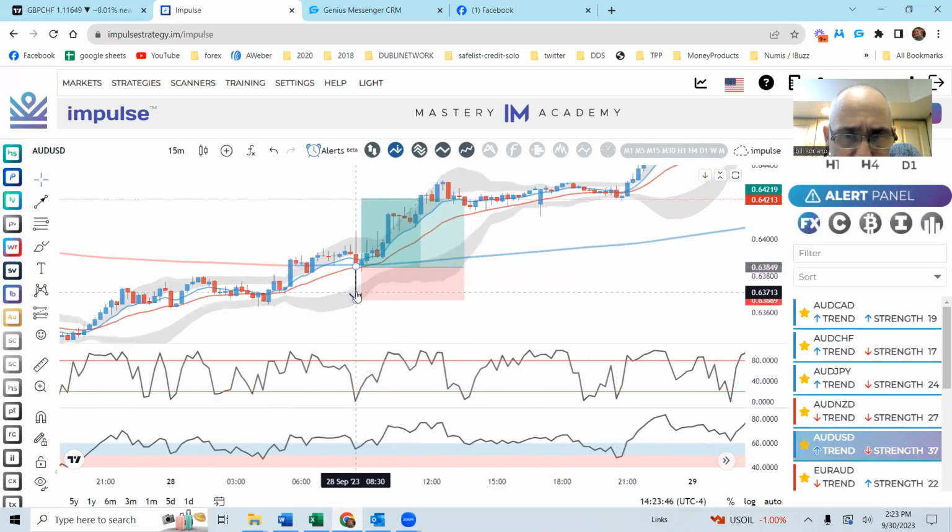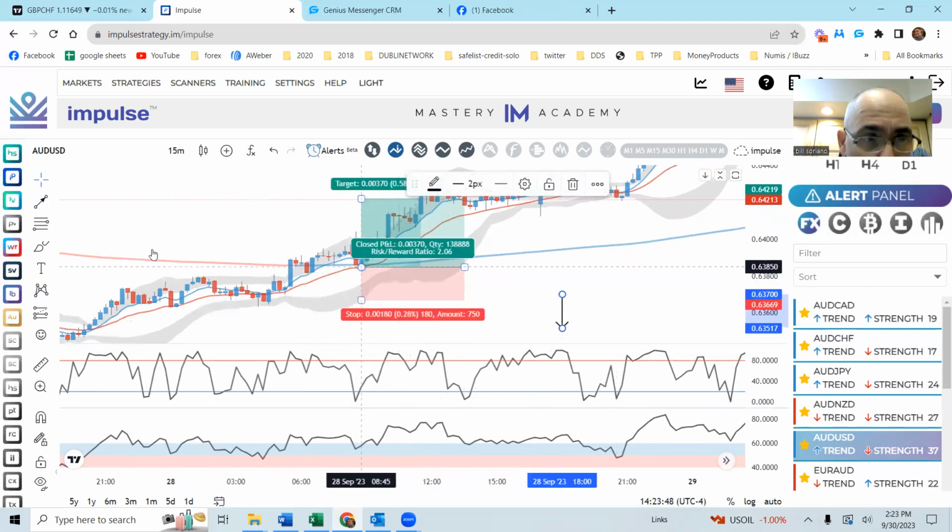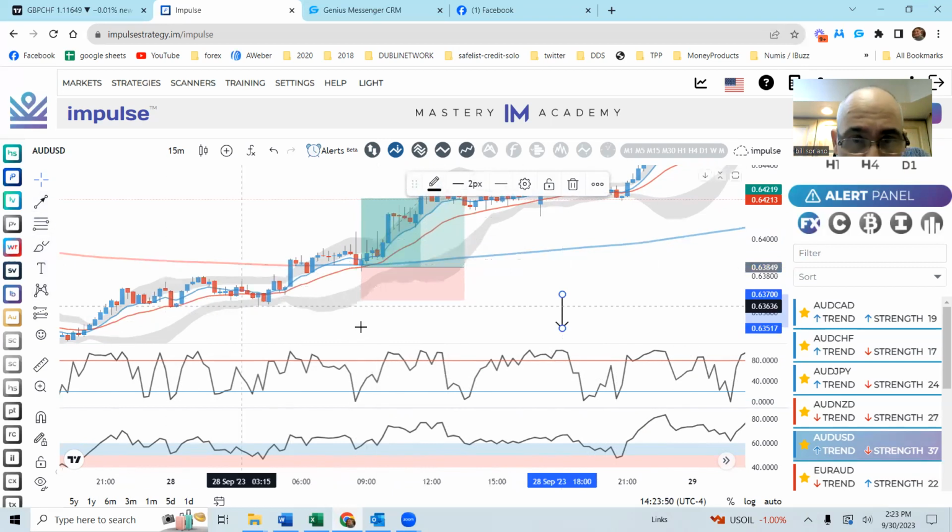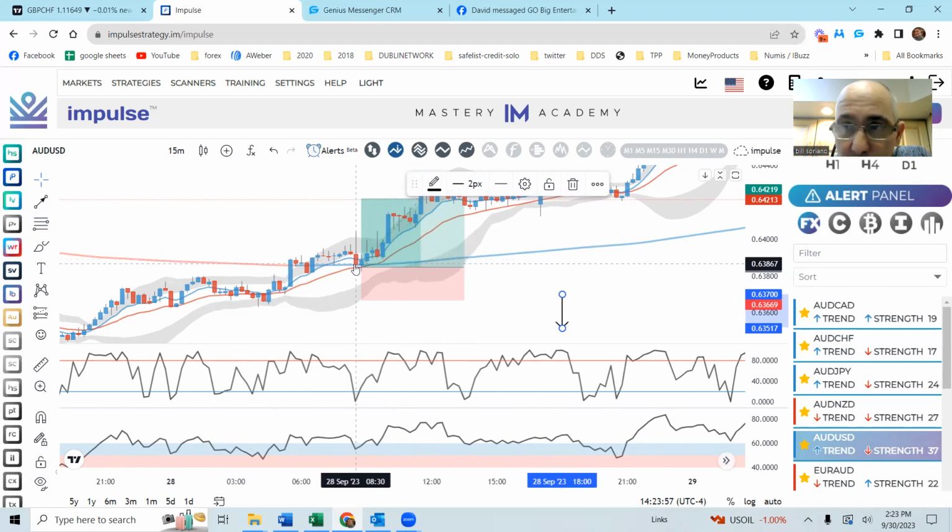So again, we went back to here. Okay, so at this point right here, we seen that the primary trend was bullish, the secondary trend was bullish, the oscillator was bullish, and momentum was bullish, right? And so at that point there, we used that candle to calculate our stop loss.